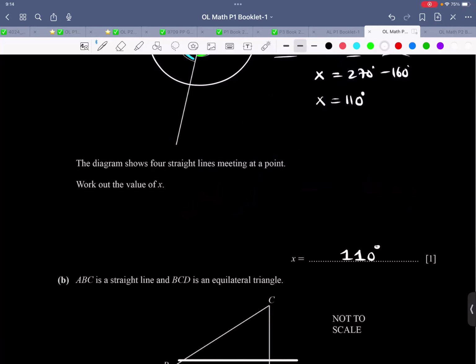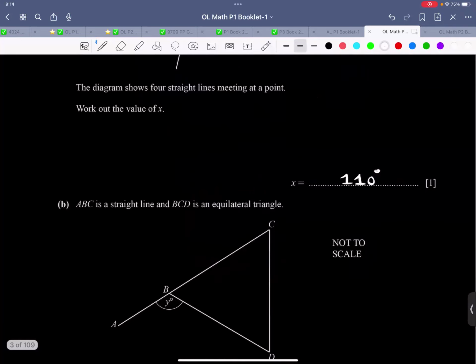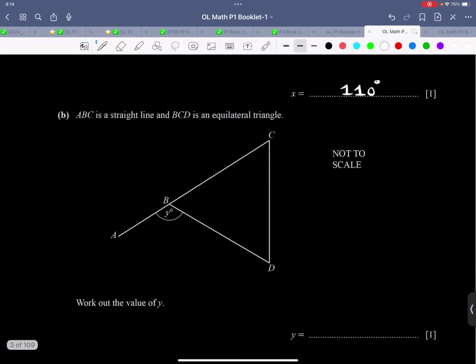So that is 110 degrees. Write the degree symbol. Now it says part B, ABC is a straight line and BCD is an equilateral triangle. Therefore, this is 60, this is 60, this is 60, and this is a straight line. So if this is a straight line like this, that means these two angles, the y and the 60, add up to 180. So y plus 60 adds up to 180.